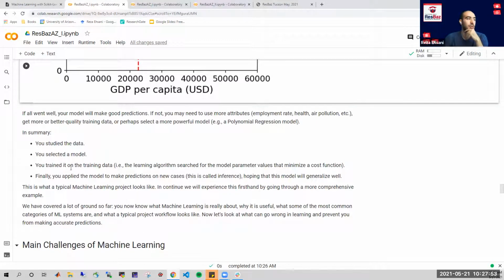We trained the model using the training data, and finally we applied the model to make predictions on new cases. In this case it was predicting the better life index of Cyprus. And this is exactly what a typical machine learning project looks like. We got a bunch of data, we need to select the model, train the model using those data, and at the end make predictions based on the model.